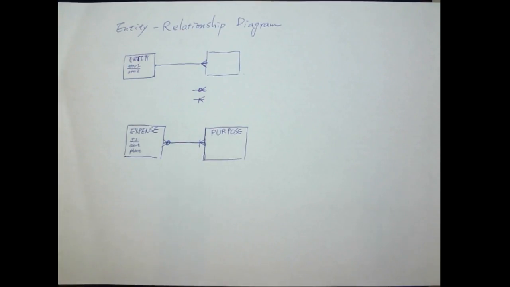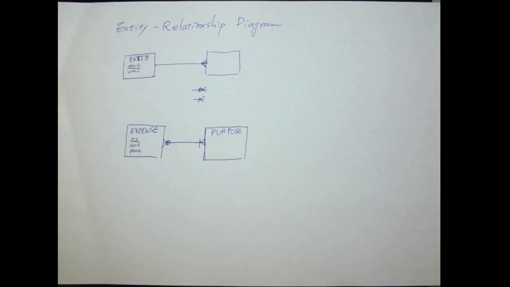Many to many relationship. Unfortunately, in the relational model, we don't have a tool to represent many to many. So, to make it fit into a relational database, we need to transform the ERD to kind of one to many.